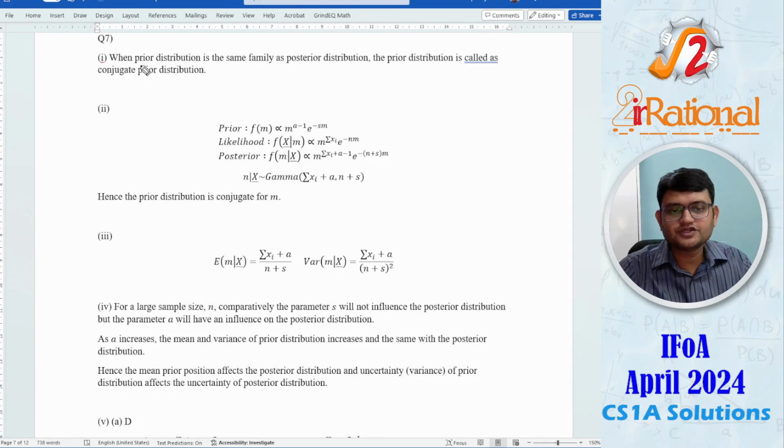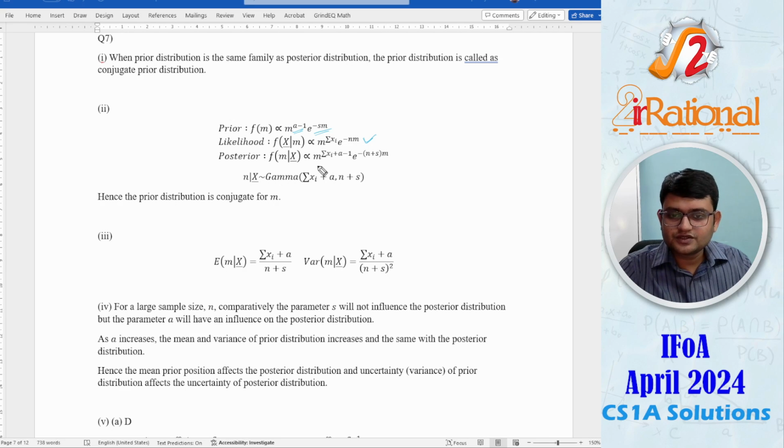So for the definition, when the prior distribution is of the same family as the posterior distribution, the prior distribution is called the conjugate prior distribution. Now we will show that for the gamma distribution, m raised to a minus 1 and e raised to minus sm. Likelihood from the Poisson distribution, I am leaving out the constant, that is the denominator. So m raised to summation xi and e raised to minus nm.